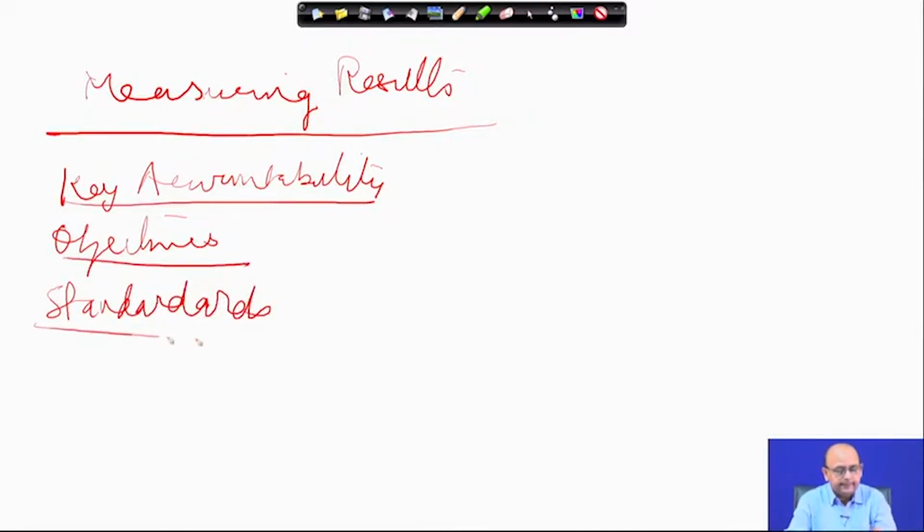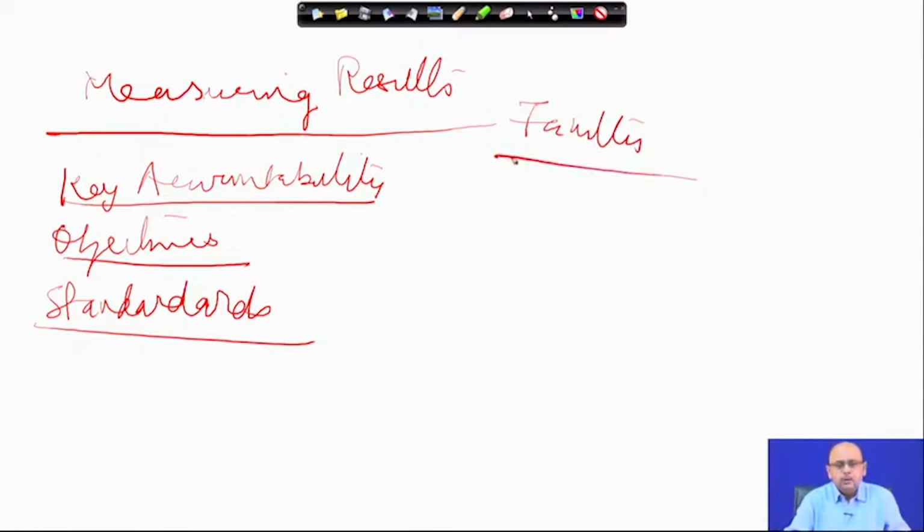Now, let us discuss a particular case, say a faculty member. I am giving this example because you can better understand it. First of all, we are going to identify, say, three important accountability areas which contribute maximum to the performance.